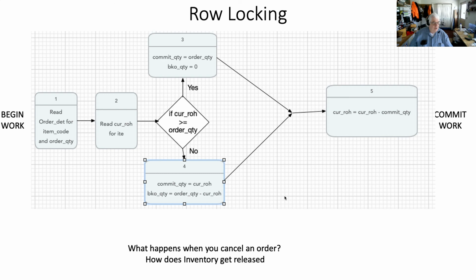How does the inventory get released? Well, another option would be to say that at any given time we're going to check stock, but we're not going to change the stock level until we actually pick it or until we actually ship it. And in that case, if you cancel the order, all the work goes away.